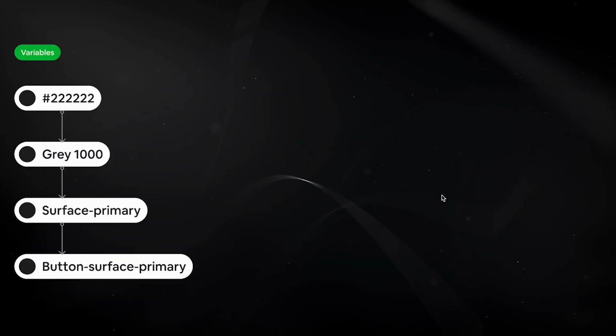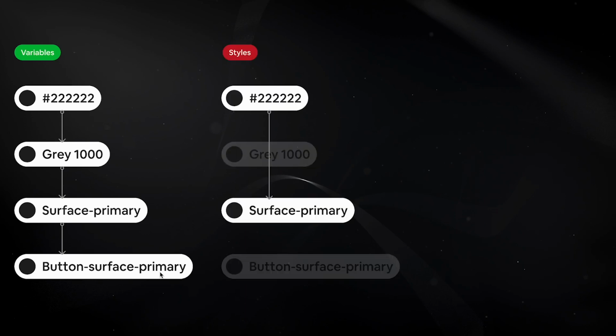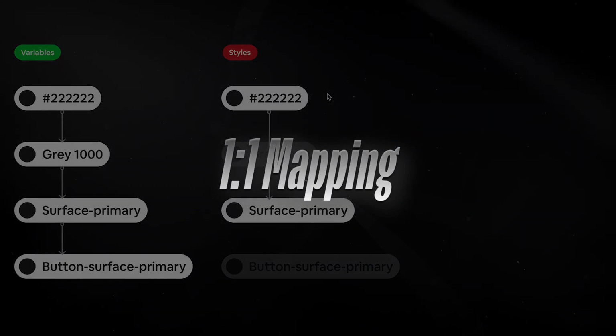Now, we're going to get into the differences between variables and styles. Now, with Figma variables, you can achieve all of these things. You can pick a color, provide that with a name, define the use case, and also define the component, right? You can achieve this connection with variables. But if you're using color styles before, we can only do a one-to-one mapping.